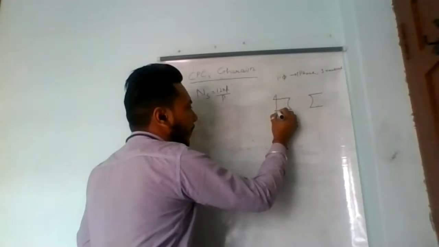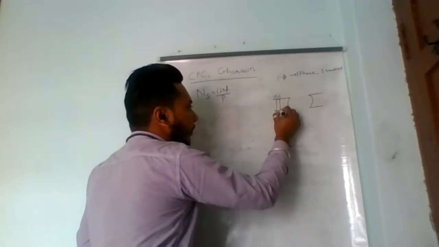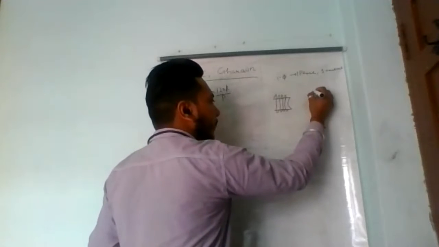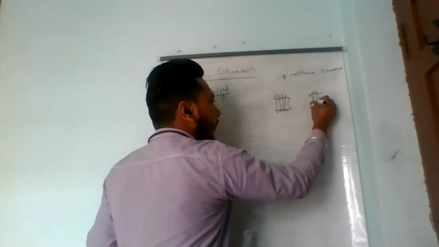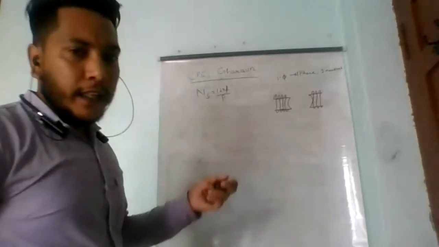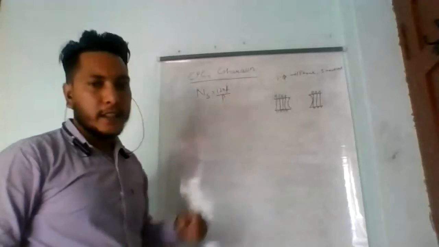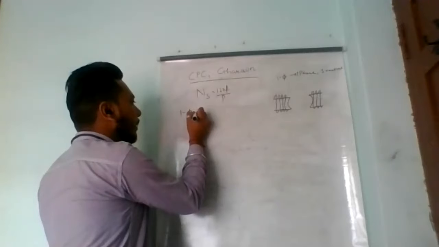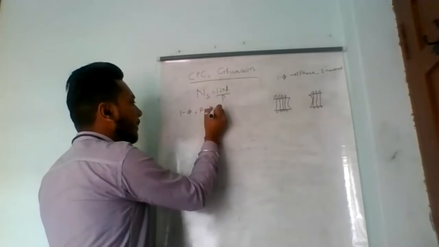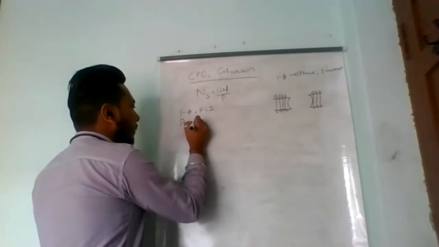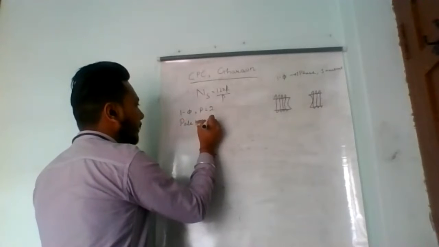For more magnetic field, we can make winding on the poles of the stator. Why did we take two poles? Because this is a single phase induction motor. For a single phase induction motor, the number of poles in the stator is 2, and the pole pair PP is 1.